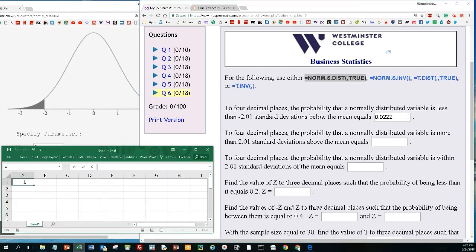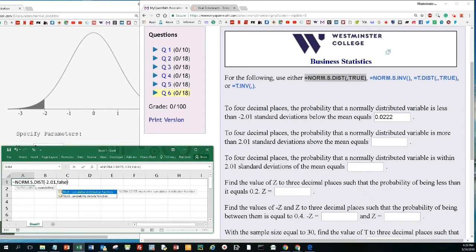I'll copy it right into here. And then I'm going to type in the negative 2.01. And the true says use the cumulative version, which is what you normally 99 times out of 100 will use when you're doing these kinds of problems. Rarely, I've never actually used this situation where I type in false.